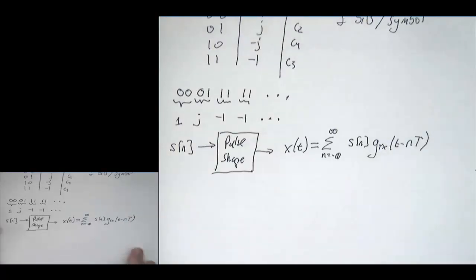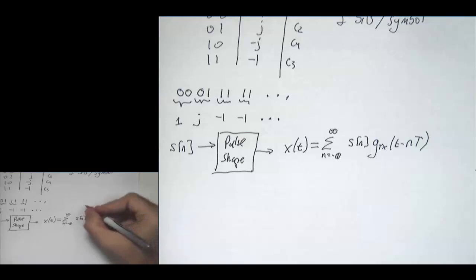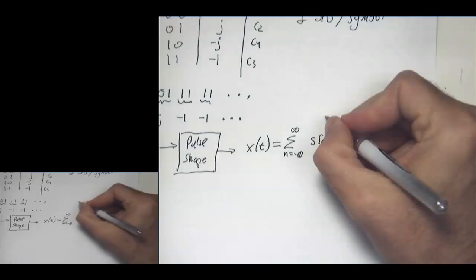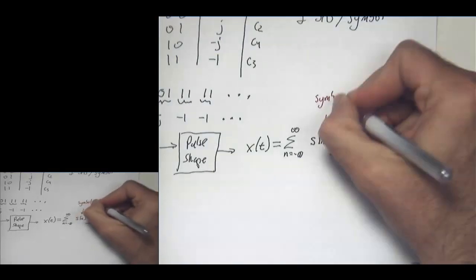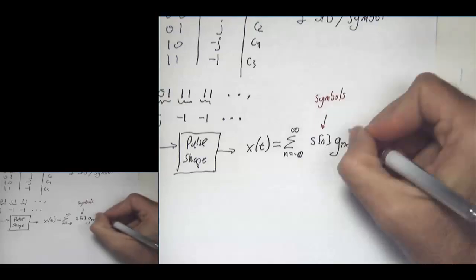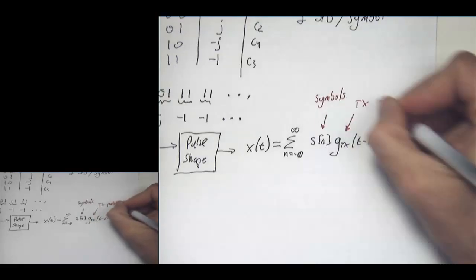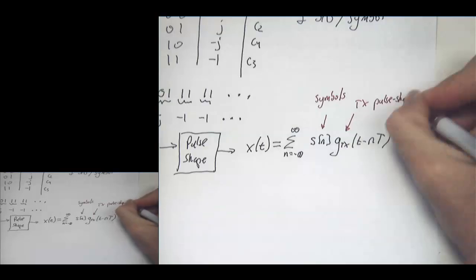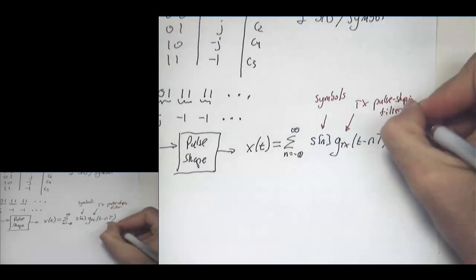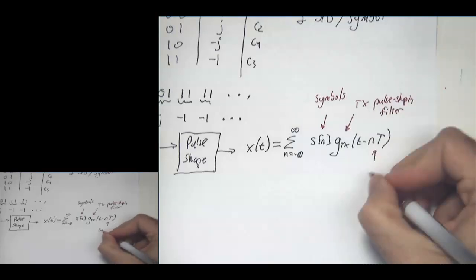So we've got a few things to look at in the equation. This is our sequence of symbols, real or complex numbers in this case. This G is our transmit pulse shaping filter. And that capital T there is called the symbol period.